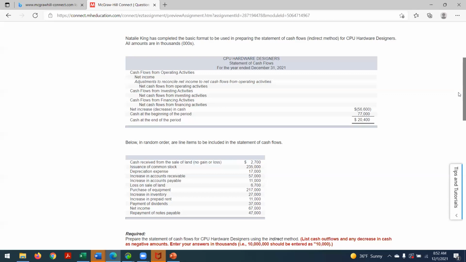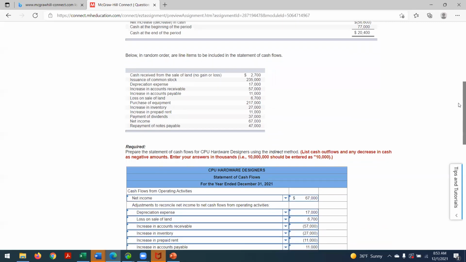Increase in inventory and prepaid rent will affect our operating section. Payment of dividends, financing. A repayment of a note payable is also financing.